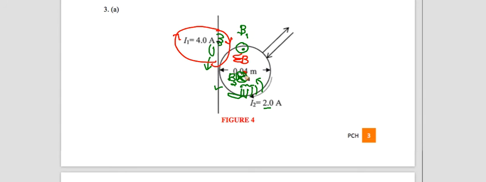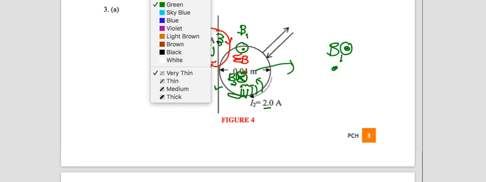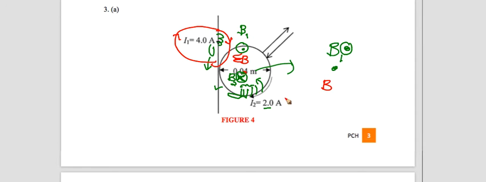So now if I draw at the center here, you have the first B1 produced by the straight conductor wire, the direction is out of the page, and the second B comes from the loop wire, I2, B2, the direction into the page.